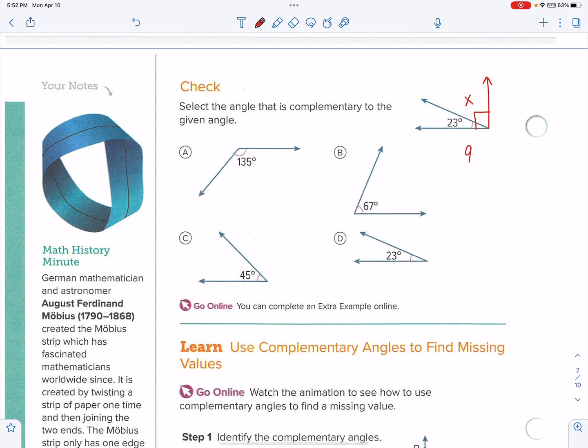We know 90 minus 23 will create x. You can go ahead and make your choice. If you picked B, 67 degrees, you would be correct.